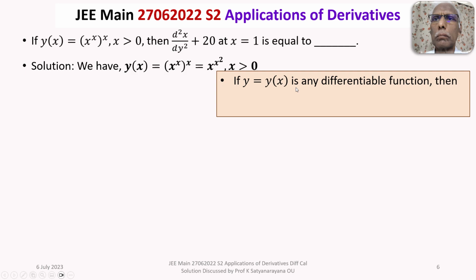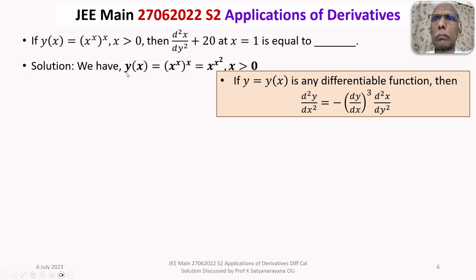It is d square y by dx square equal to minus dy by dx whole cube into d square x by dy square. From this you can find d square x by dy square, provided you know d square y by dx square and dy by dx. So now it is easy.